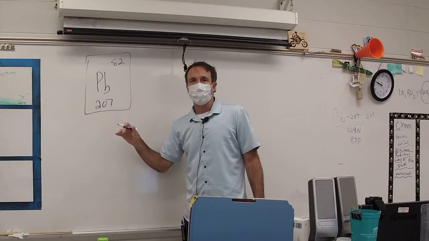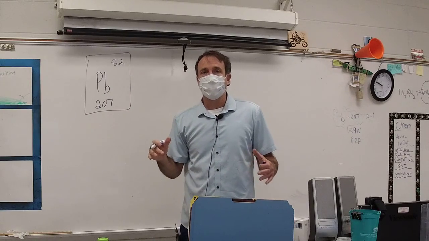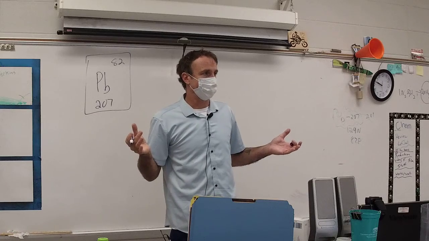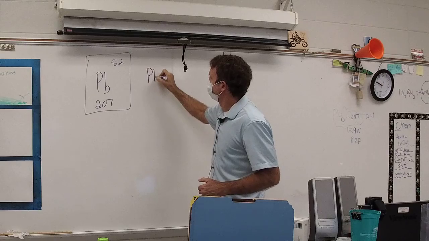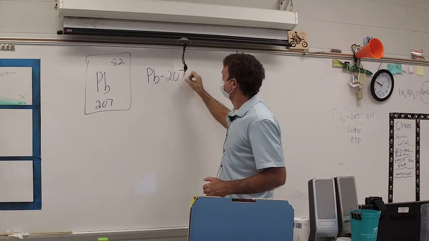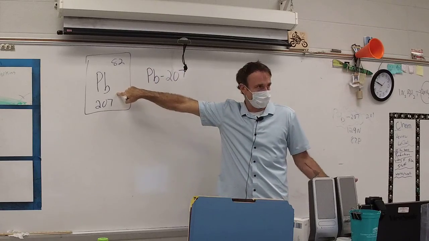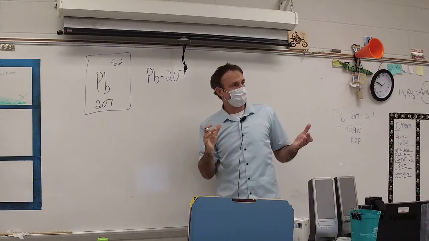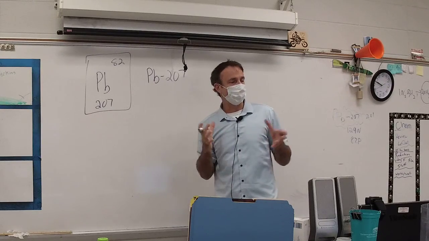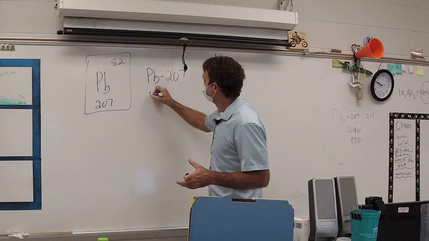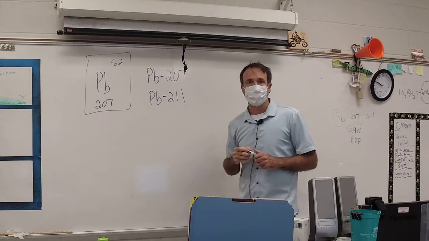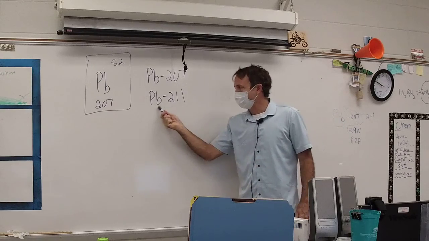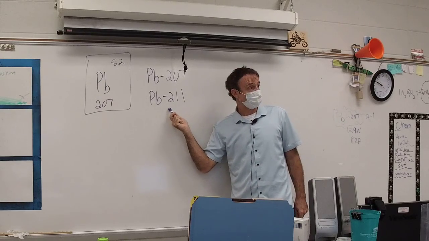What if we had some lead that had, say, maybe 4 extra neutrons? What if, instead of being lead 207, which is stable, we had a bunch of atoms of lead that were maybe too heavy? Maybe it was lead 211. This lead has 4 extra neutrons, okay?